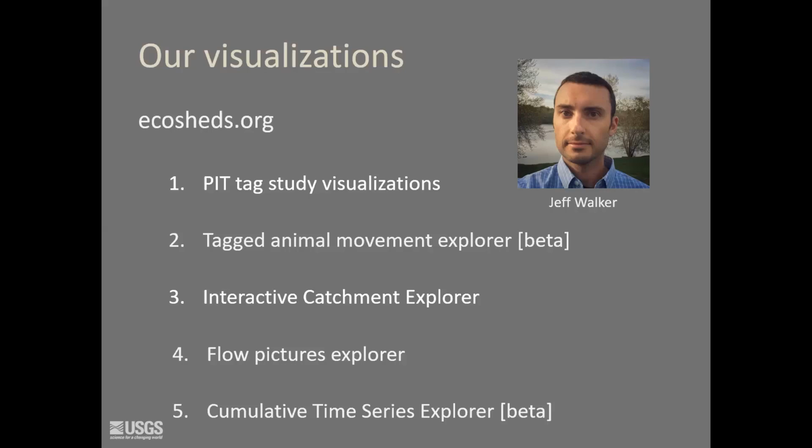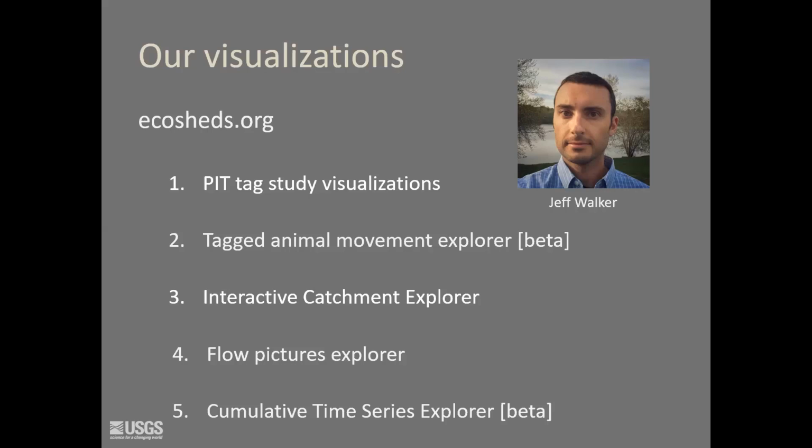So EcoSheds, I'll show you in a minute, but the ones I'm hoping to get through, I don't know if I'll have enough time to get through all 5 of these, but most of them have in common that they use cross filters. I wanted to focus on cross filters because they're a really powerful tool for exploring data and for having data interact with maps, as you'll see.